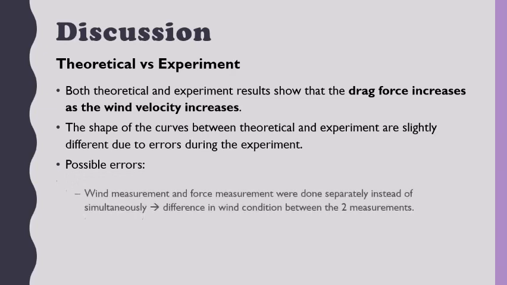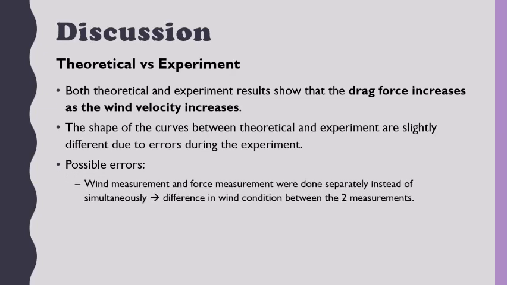For possible errors, first, since the wind measurement and the force measurement were done separately instead of simultaneously, there may be some difference in the wind condition between the two measurements, or in other words, the wind used for the force measurement may not be exactly the same as the one measured by the anemometer.